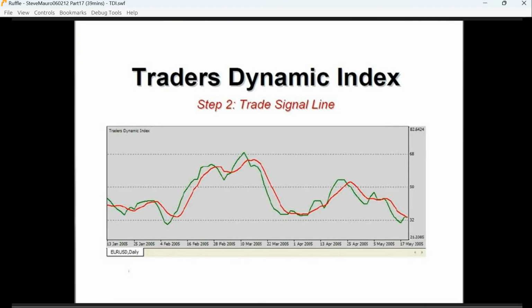What this does is this red line pulls the 1 hour chart, the next higher time frame, and gives you a valid signal. Okay? So you have an RSI line and a moving average.